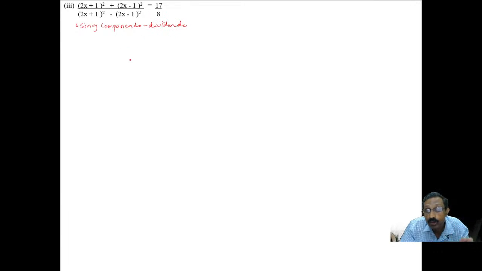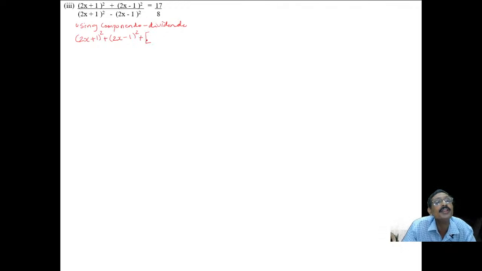So when I'm using componendo and dividendo, here we have to be very careful with certain signs. Okay, we'll write here (2x plus 1) square plus (2x minus 1) square. Okay, plus, we'll put a bracket.